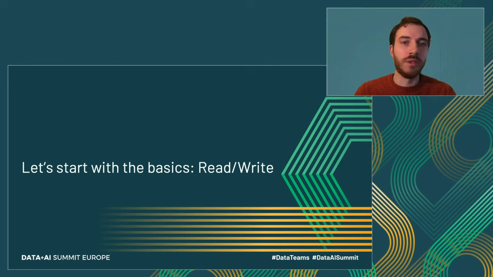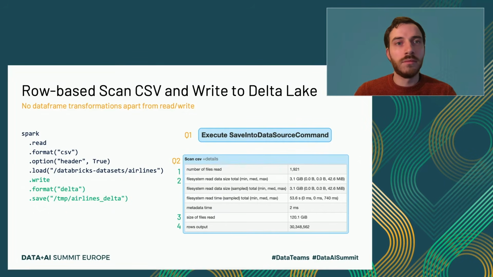So let's start with the very basics. Let's look at what happens if we just read from a data source and write to a data source. On the left, you see that we read from a CSV data source, which is a row-based data source, and then we write out to a Delta Lake table. These data frame transformations on the left actually translate to two queries on the right.